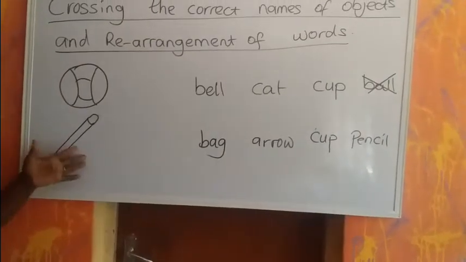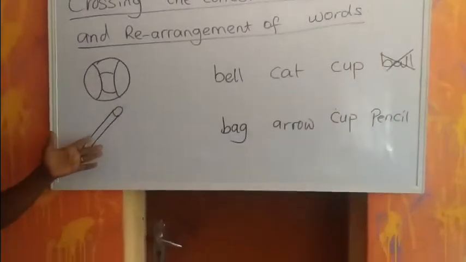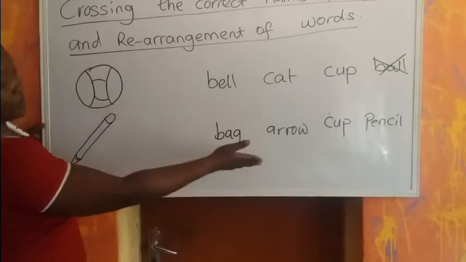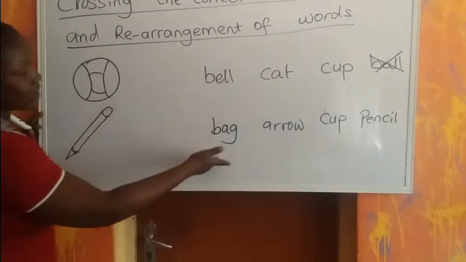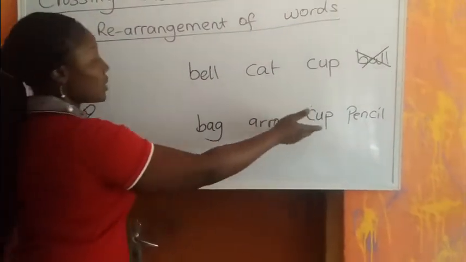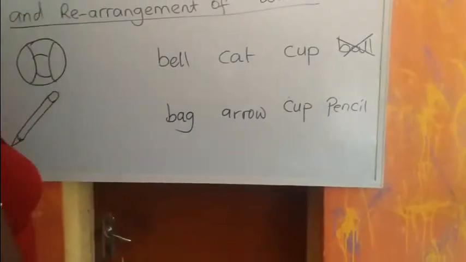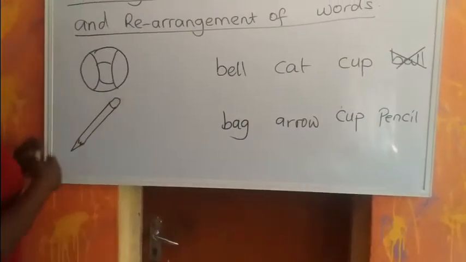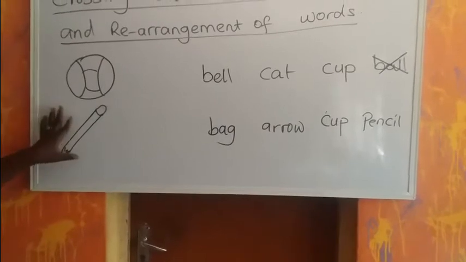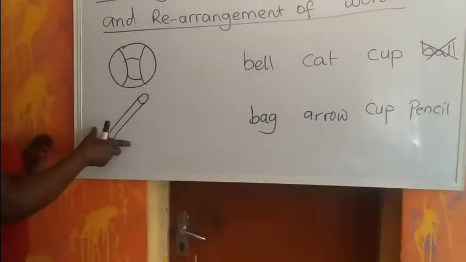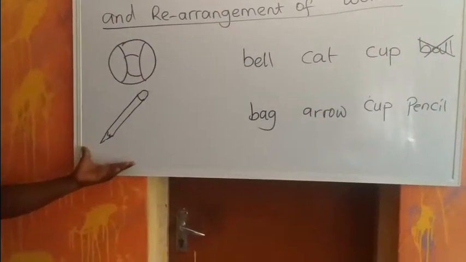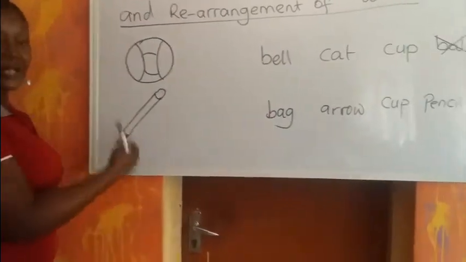This is the picture. This is the object, and we are being asked to look for the name. We have a bag, arrow, cup, and pencil. So the next thing for you to do is to look at the picture. What picture is this? This is a pencil. This is a what? Pencil.